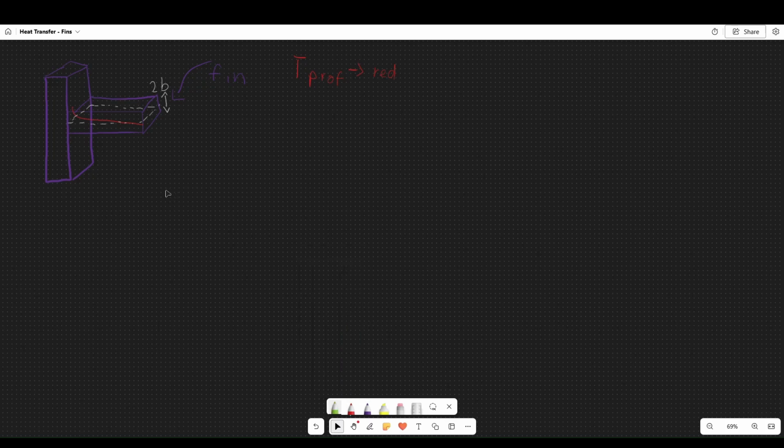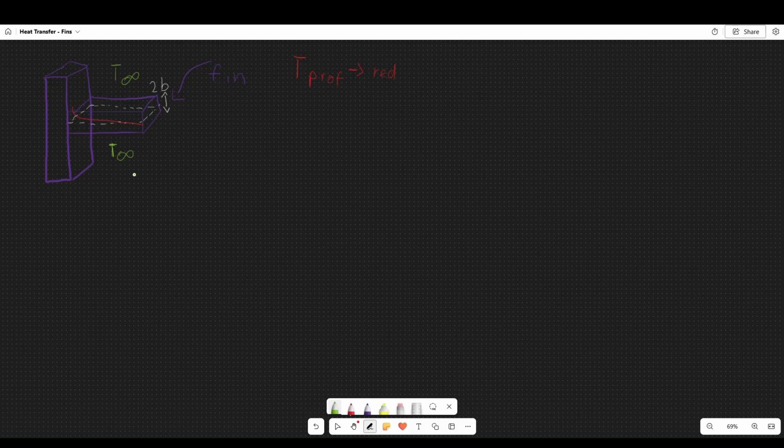Well, the point is we have convection going on below. We have the T bulk or T air above and below. And so in order for the problem to become as simple as possible, we can use the symmetry, but that would require us to divide this whole system in half, which allows us to use b, the half thickness of the block, as the thickness that we're going to use.